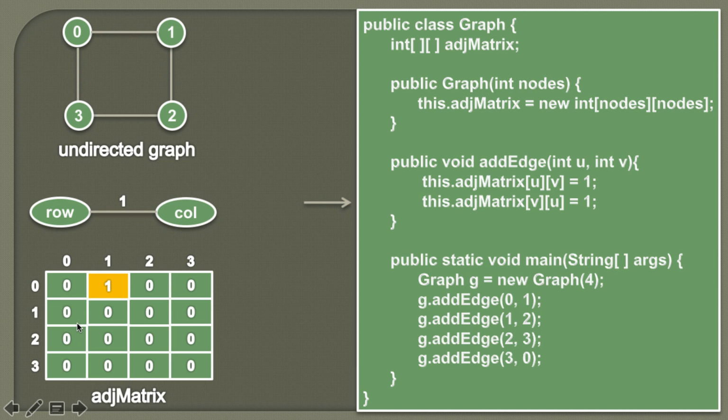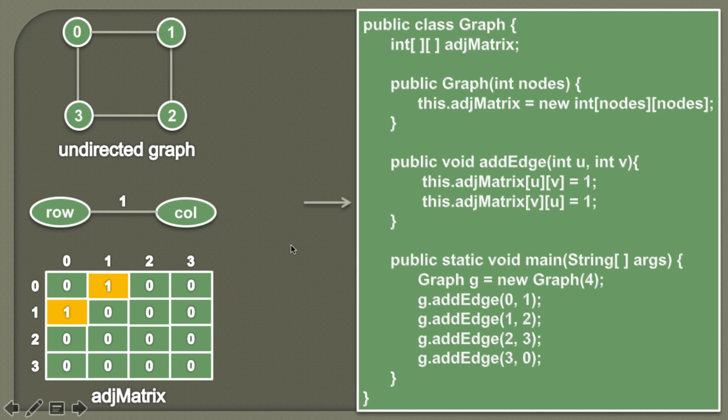So it would look something like this. In an undirected graph an edge basically represents 2 points in the adjacency matrix, because if we are at vertex 0 then we can go to vertex 1 because there is an edge, and if we are at vertex 1 then we can go to vertex 0 through this edge. Therefore in the matrix this edge represents these 2 points: from 0 to 1 there is an edge and from 1 to 0 there is an edge.